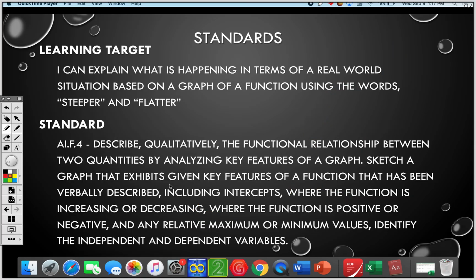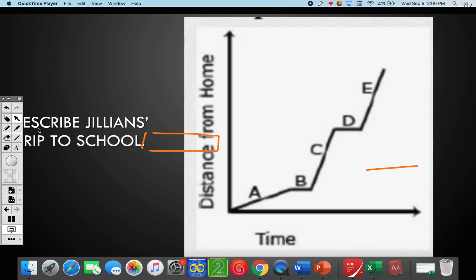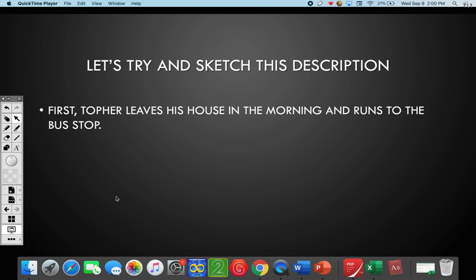You should be able to describe qualitatively and sketch a graph. Okay, so on your paper now you should be sketching the graph. So you should be sketching an idea that someone is leaving their house in the morning and running to a bus stop.